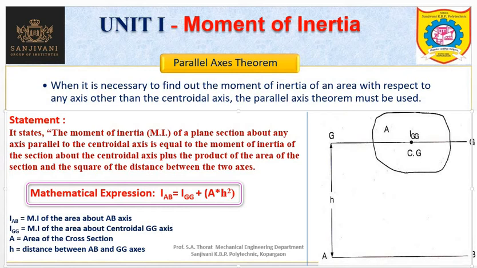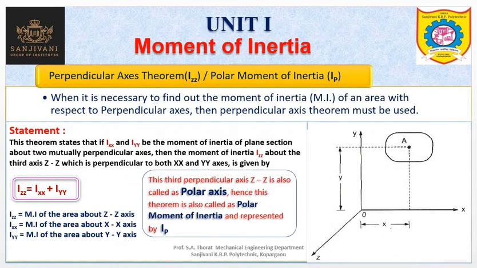Now we will go with the perpendicular axis theorem. What is this perpendicular axis theorem? When you want to calculate the moment of inertia about the axis perpendicular to the previous two axes, you have to go with the perpendicular axis theorem.